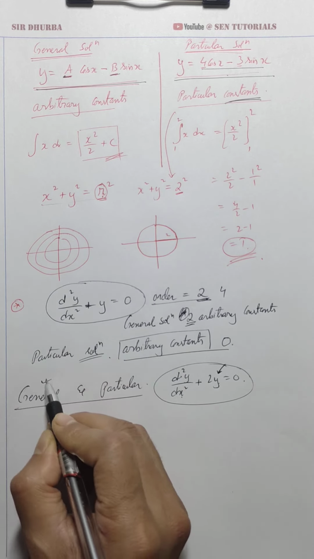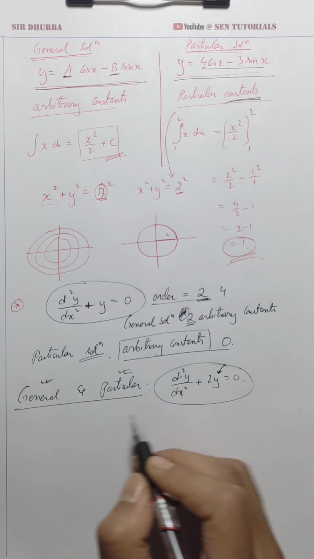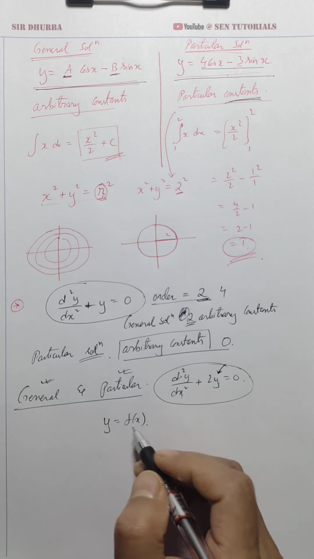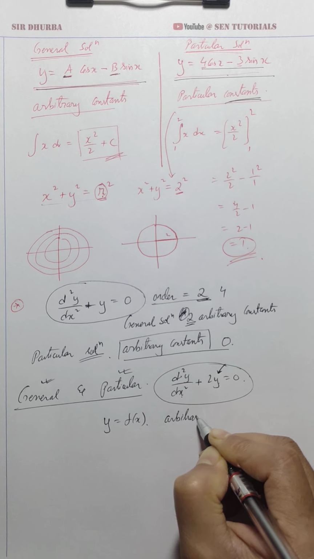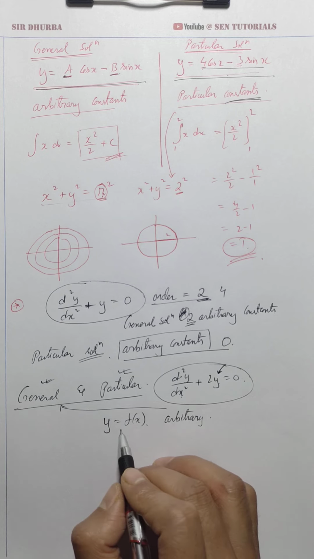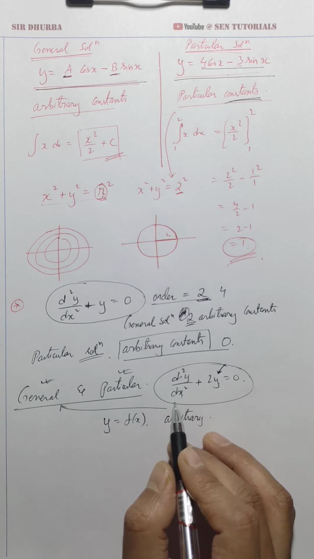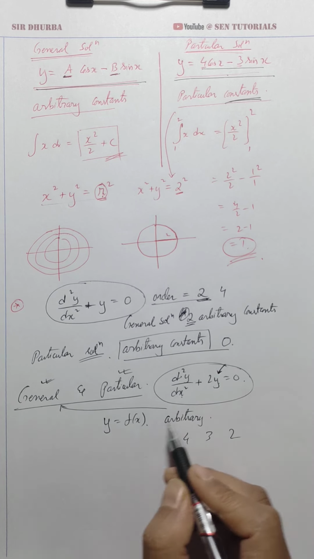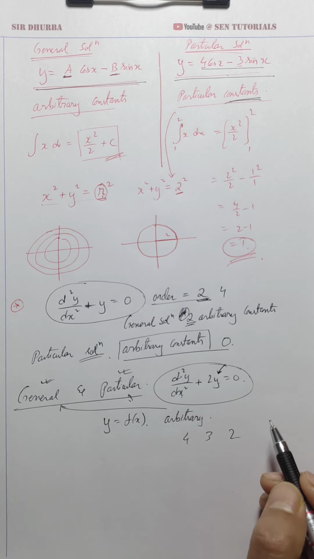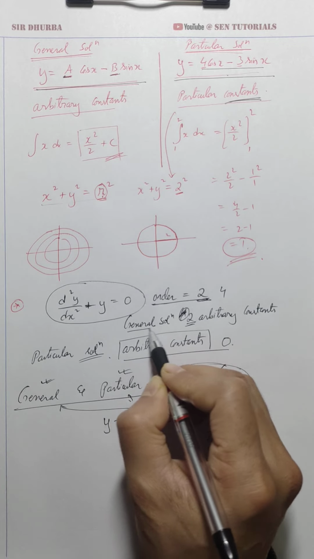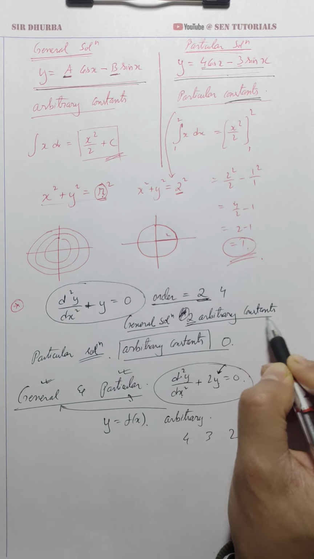As mentioned, we have two types of solution, general and particular. When the solution of a differential equation contains arbitrary constants, that solution is known as a general solution. And when the solution has constants instead of arbitrary constants, like 4, 3, 2 and so on, that solution is known as a particular solution. Lastly, depending on the order, for a general solution there will be an equal number of arbitrary constants.